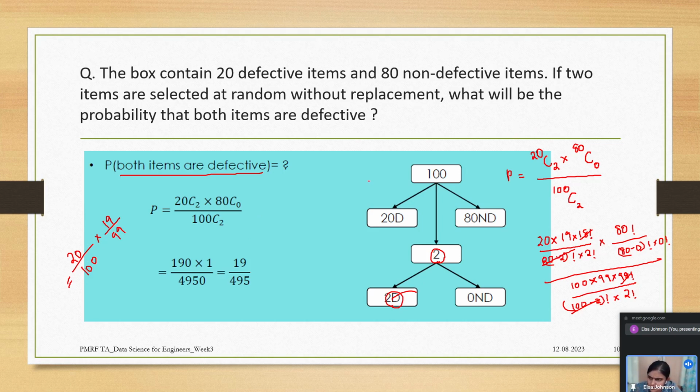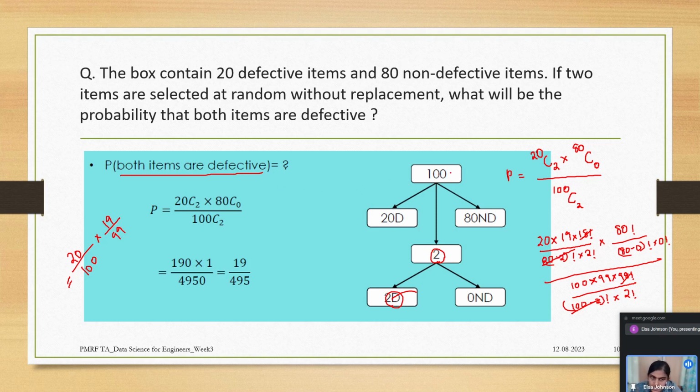Then can you explain combination being taken? So combination means, I'll explain with this example itself.